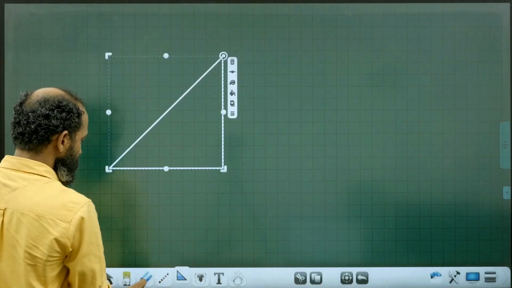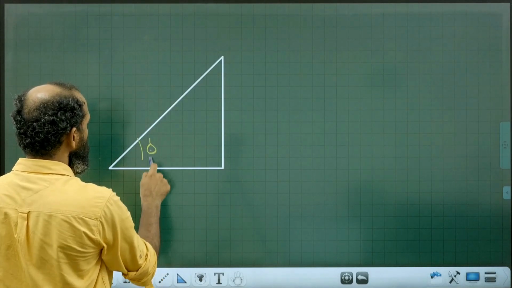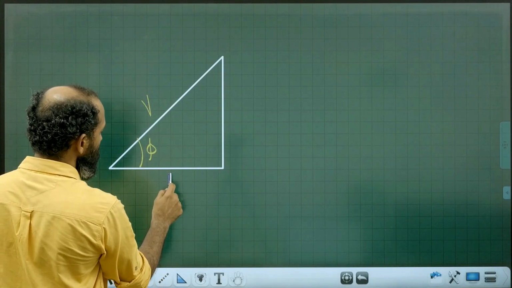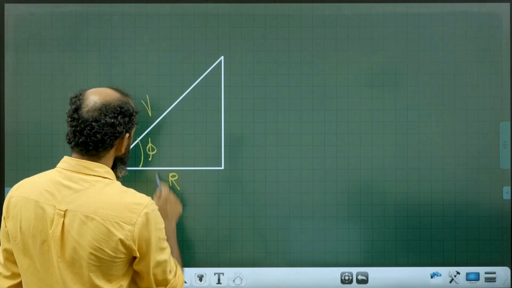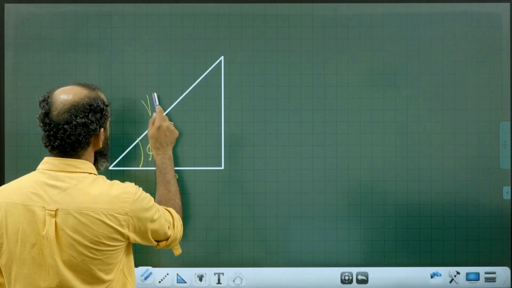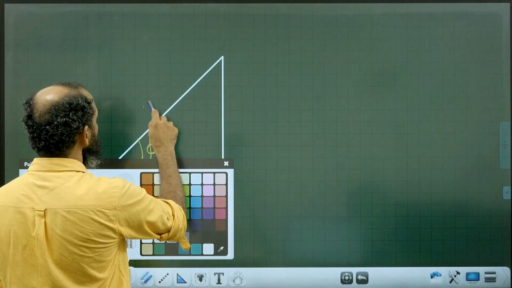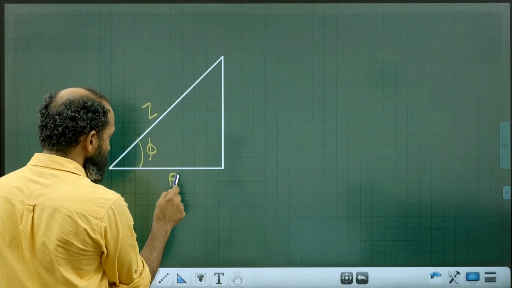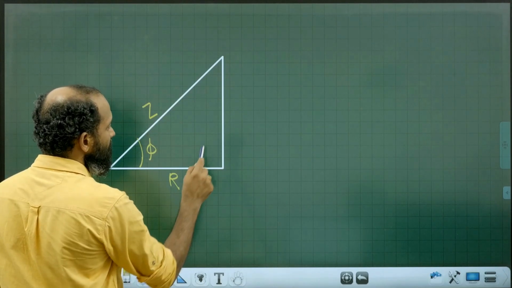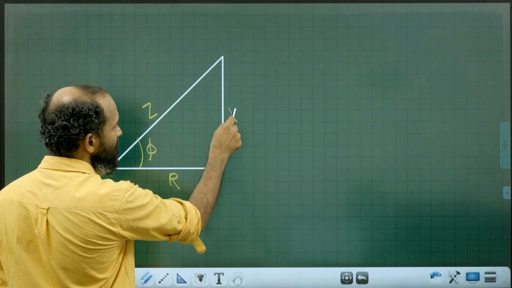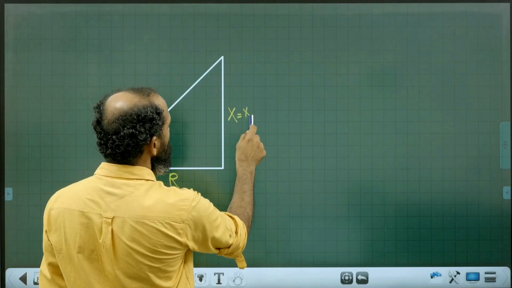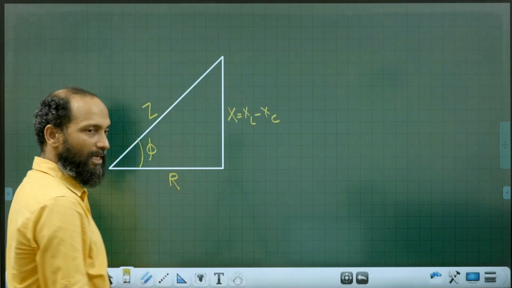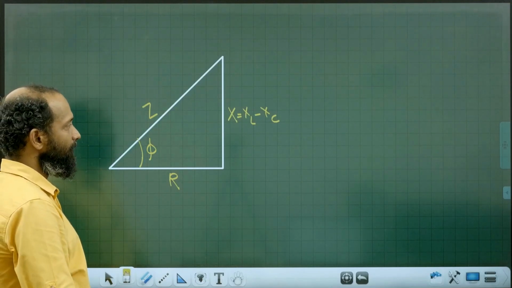You draw an impedance triangle where this angle is between the resultant voltage and resistance. You change the sides: the resultant voltage you change to Z, voltage across the resistor you change to R, voltage across the reactance you change to net reactance. Net reactance is X, where X can be XL minus XC or sometimes XC minus XL, whatever its numerical value.